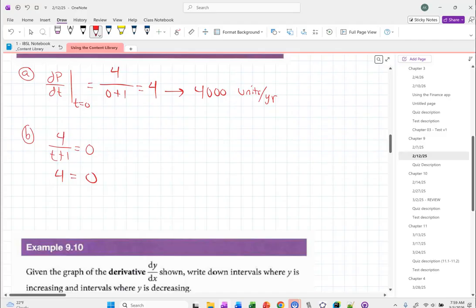So when I do that, I get 4 equals 0. Now what?